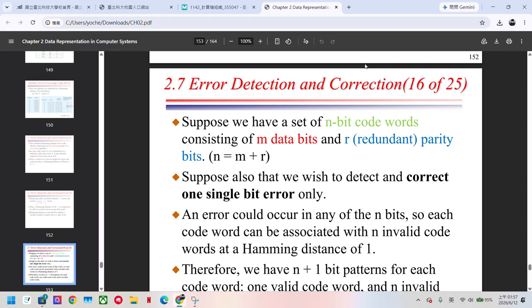Let's define our variables. N-bit code words consist of m data bits and r redundant parity bits, where n equals m plus r. To correct a single bit error, we must be able to identify which of the n positions is corrupted.